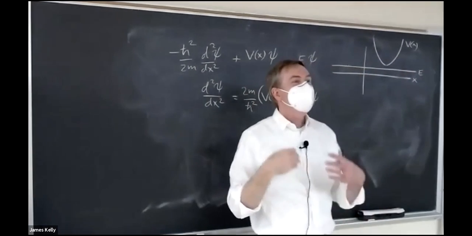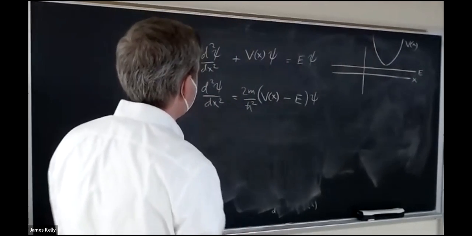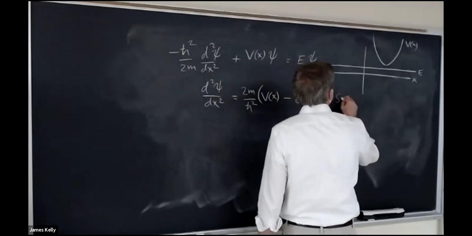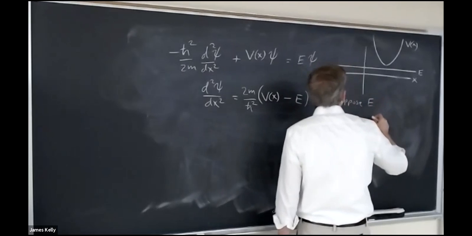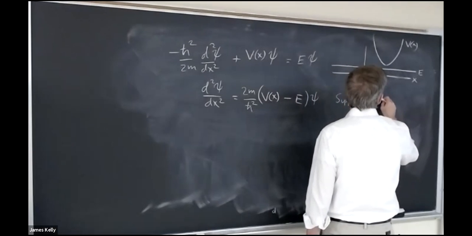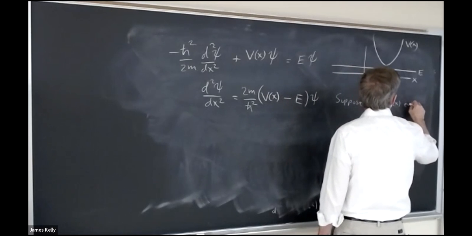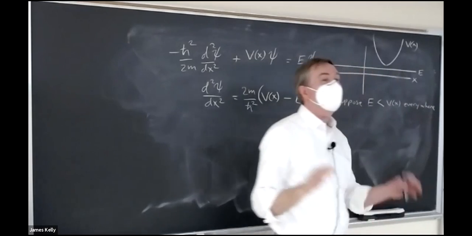It's got to be at or above the minimum value of the potential. And why is that? Well, let's suppose E is less than V of x everywhere.